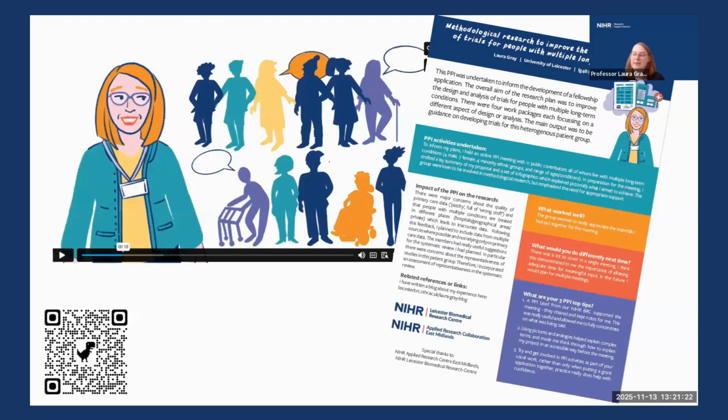Our PPI group then said to us, well, that's great, but I still can't see what this looks like in practice. It would be really useful to have some case studies that introduce methodological projects and show how members of the public have impacted those projects. So we've developed a number of case studies based on the PPI activities we've undertaken at Leicester, and we've disseminated these in two ways.